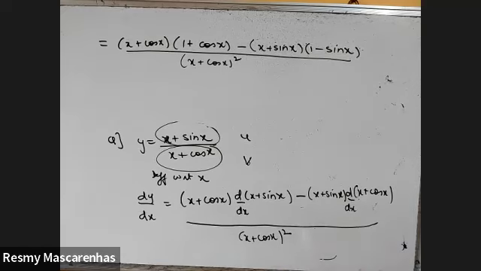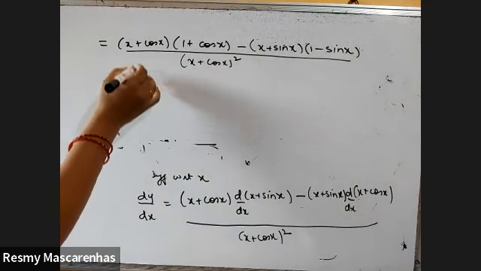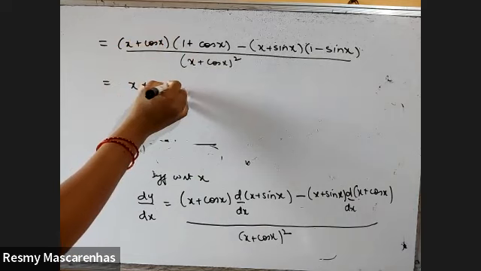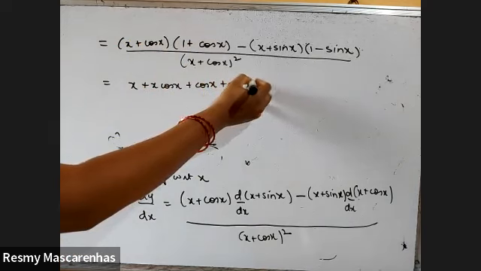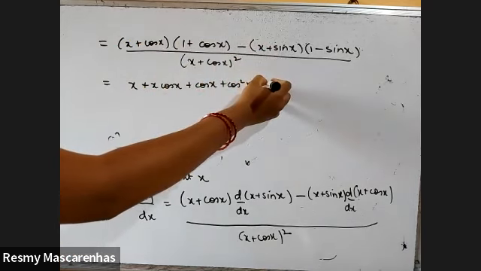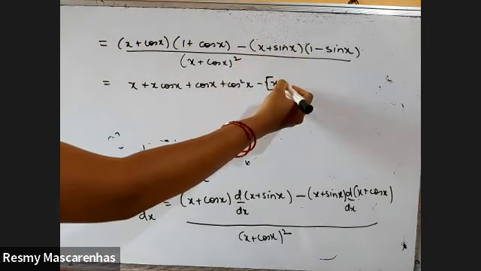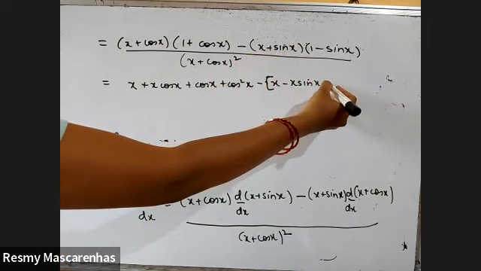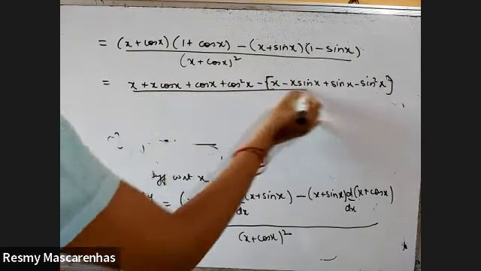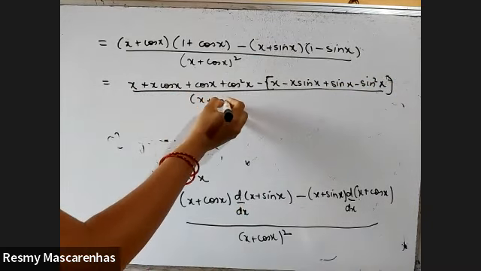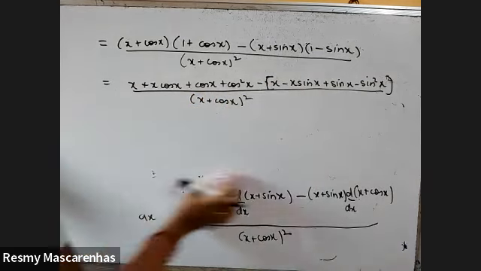Open up the brackets. x cos x into cos x is cos square x. Again minus x. Okay, let's put a bracket. Minus is outside x. But this is minus, so multiply to all the terms. All the signs will change.